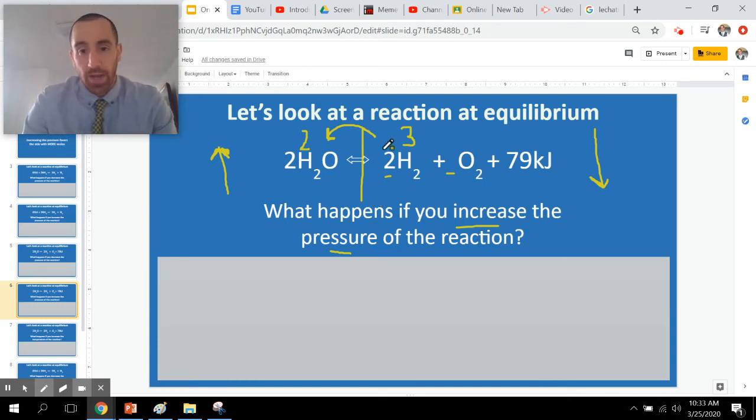And in this case, the reaction will shift to the left. You will use these guys up to do that, and therefore their concentration will go down. And as you use these guys up, they're being used up to make more of this. And so this concentration will increase. All right, so the reaction will shift to the left. The concentration of H2O will go up, and the concentrations of H2 and O2 will go down.